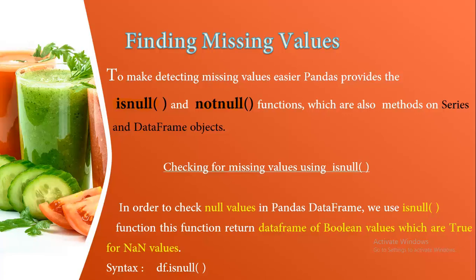Checking for missing value using isnull. The isnull function returns True for NaN values. Here the syntax is df.isnull(). Let me explain this isnull function with the help of an example.